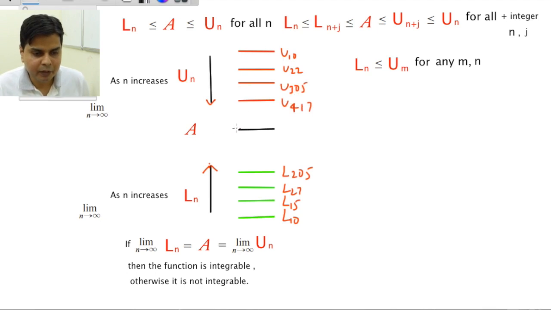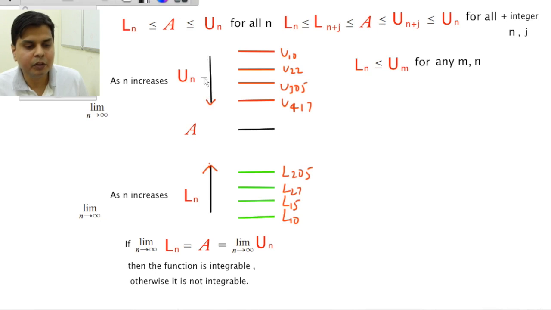So this looks like a very peculiar and interesting picture: all Ln's are increasing, and we also know that they cannot increase beyond this a. No matter how big this Ln becomes, ultimately it is a lower sum, it has to lie lower than a.